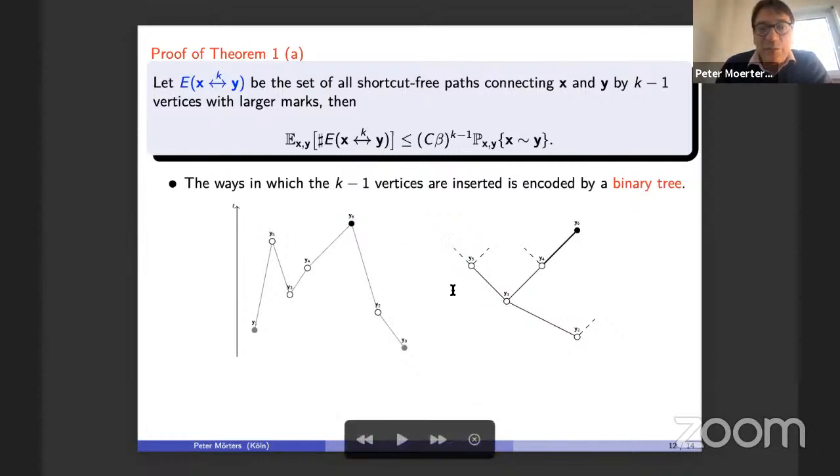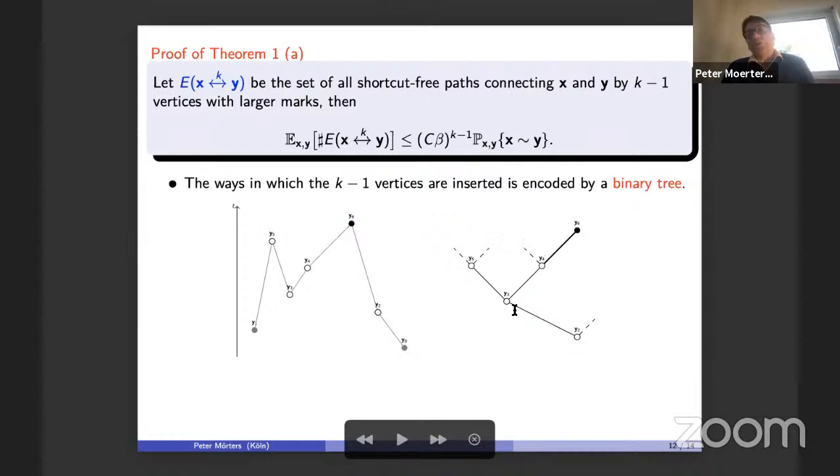We classify them by binary trees. If you have these two points, then you look at the marks of the k-1 vertices connecting them, and you start with the lowest mark, which will be the root of your binary tree. Then you look whether the next lowest mark is to the left or to the right, and that tells you whether the next child is to the left or to the right in the binary tree, and so on.